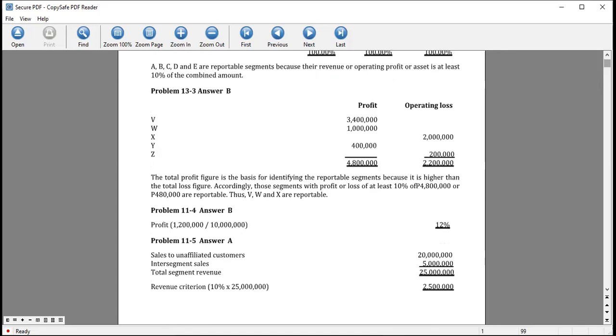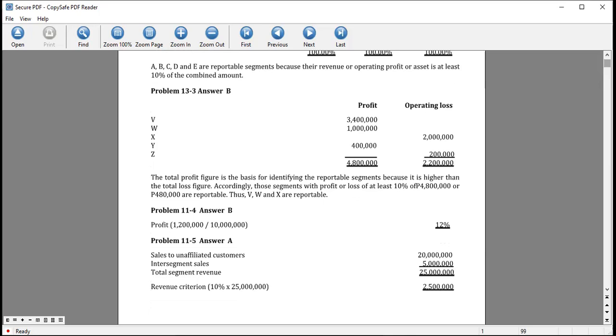Now we go to 13-3. Question: what are the reportable segments based on profit or loss? So we have now the total profit figure as the basis for identifying the reportable segments because it's higher than the total loss figure.